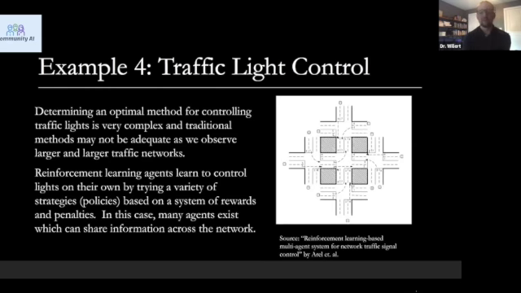And all of the agents or traffic lights can work together by passing information back and forth to come up with an optimal strategy for when lights should be red and when should be green, and how they should work together to get as many cars through as possible. So a really cool application that probably impacts most of us on a near daily basis.